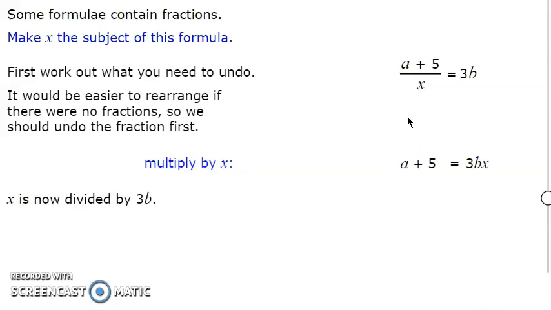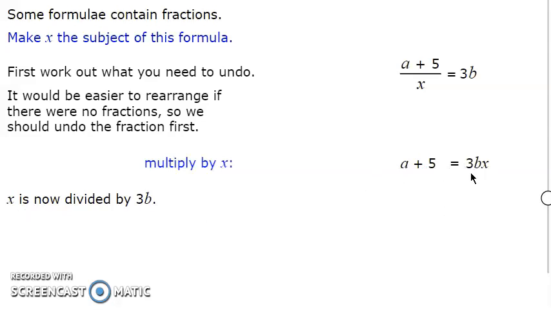So what do you get? Multiply the left hand side by x. So x and x get cancelled. You get a plus 5. And 3b times x gives you 3bx. Now, as you have to isolate x from the other terms, 3b is on the right hand side. So divide both sides by 3b.